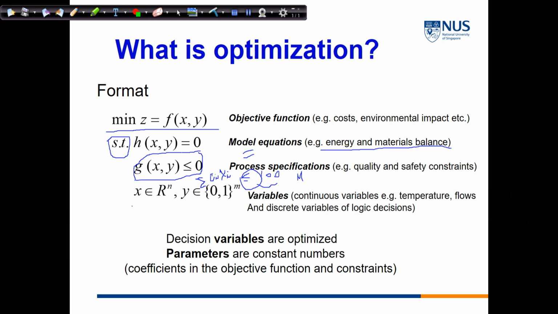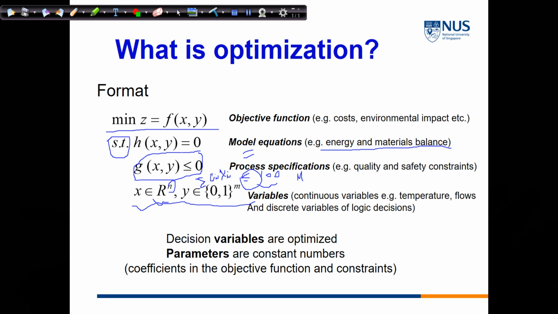Okay? And then it's also important we discuss how we define those variables. Either it's continuous variables, like we say the weight, temperature, flows. So here we use R, the real number in the n dimension. So it's a way you can write X is a real number using this way.